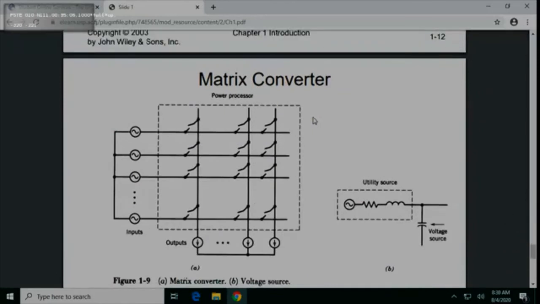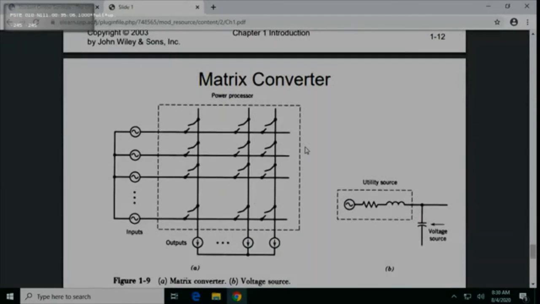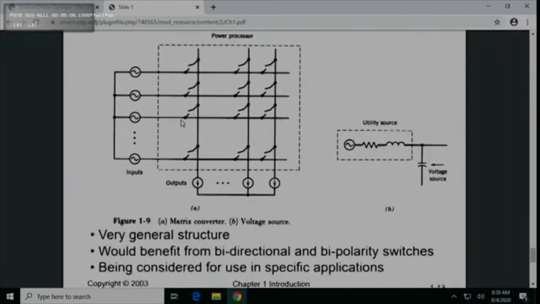Now there is something also known as a matrix converter, which is no longer used actually, but it's good to know what a matrix converter is. It was made as an energy storage system, but there were a lot of problems because you see this line, they were bidirectional, right?